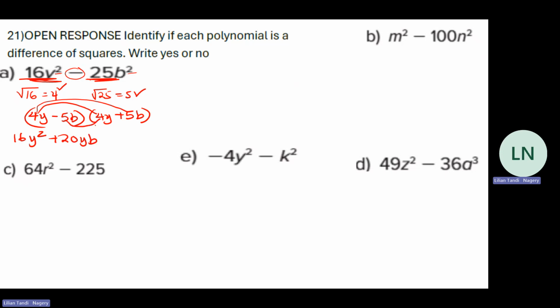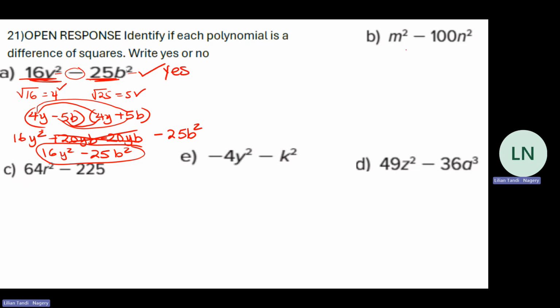What is negative 5b times 4y? Negative 20yb, and this becomes 0. What is negative 5b times positive 5b? Negative 25b squared. And you see, I'll get 16y squared minus 25b squared. And this is the same as my question.